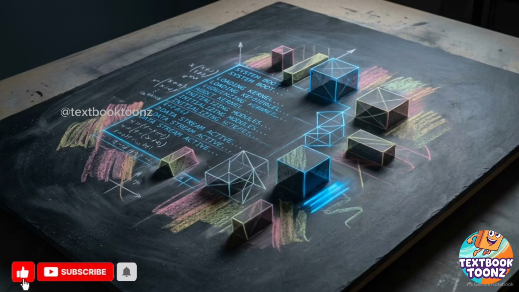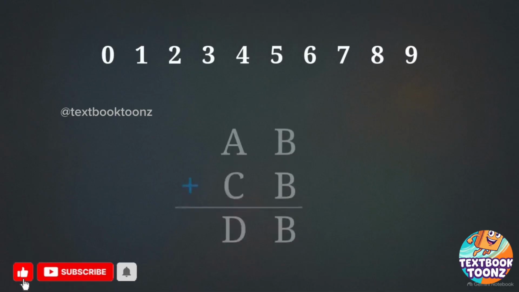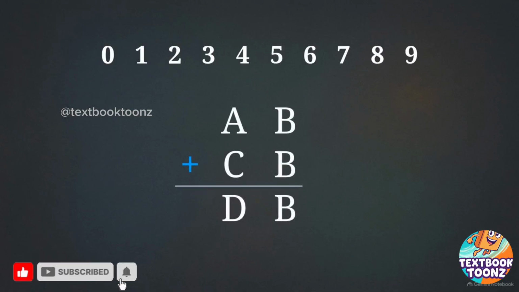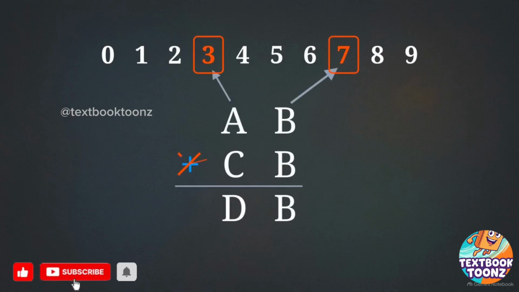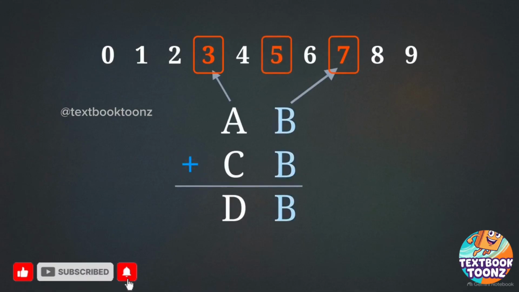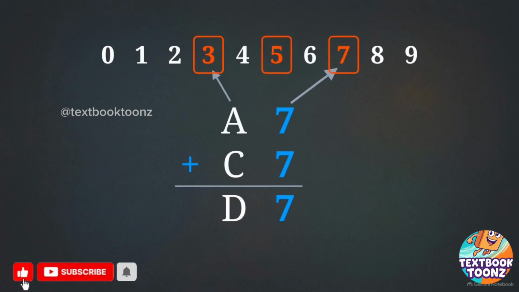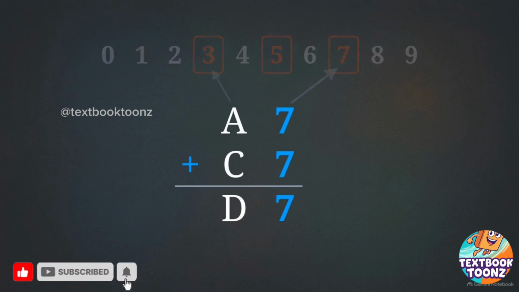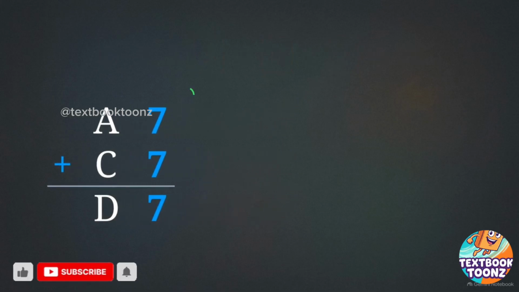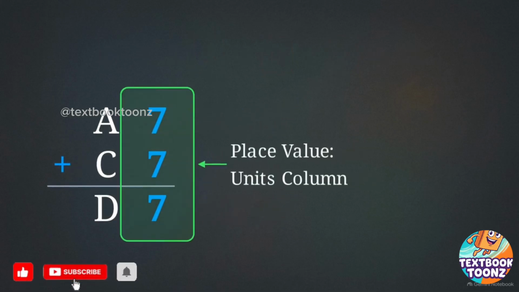We are closing out our number play series by looking at cryptarithms, also known as alphametics. In these puzzles, digits from 0 to 9 are hidden behind letters. Two rules govern every problem. Each letter represents one unique digit, and identical letters must represent the same digit throughout the entire equation.